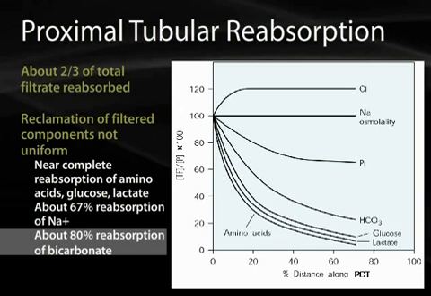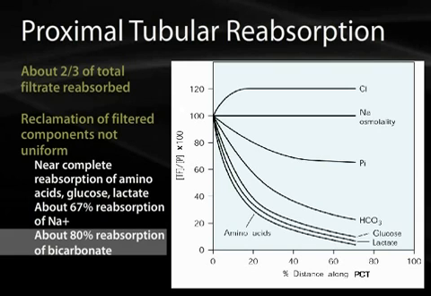Substances that are primarily reabsorbed in the proximal tubule, their concentration will fall as you move along the proximal convoluted tubule. However, substances that are not as well reabsorbed in the proximal tubule, you'll see that their concentration in the tubular fluid will increase. The examples are given in the graph.